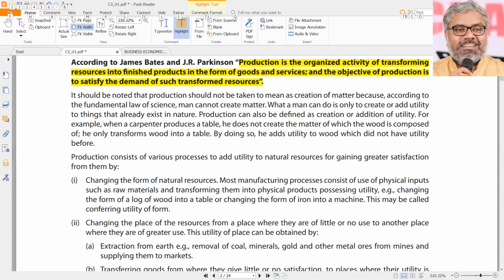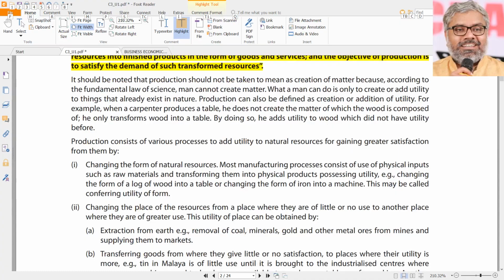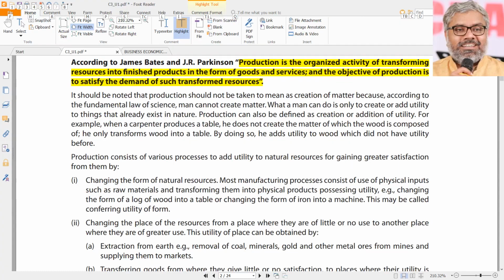And the next paragraph is a general thing. Are we talking about creation of matter and all? Definitely not. We don't have to enter into physics. Usually, it is said that man cannot create matter or destroy matter. That is a fundamental law of science, what they say. But once again, let us not get into those discussions.